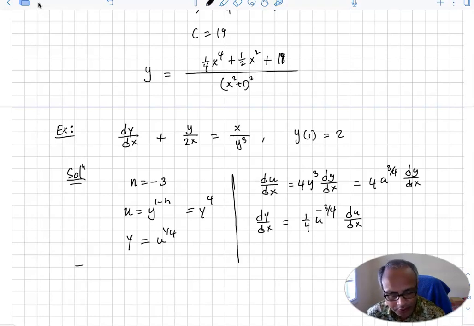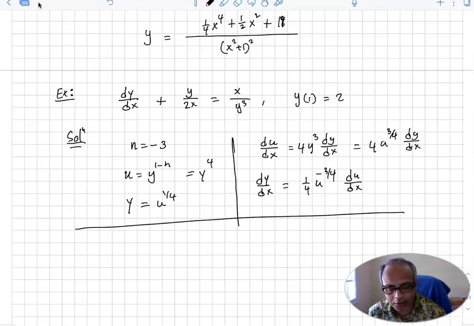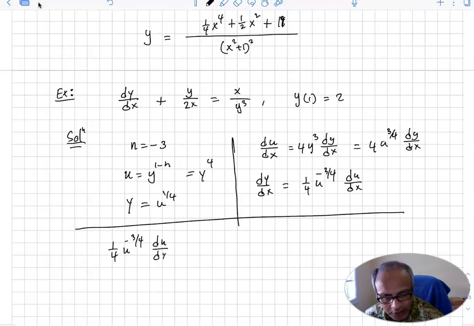So you get dy dx plus y by 2x equals x by y cubed. So all you have to do is substitute. So 1/4 u to the minus 3/4 du dx. So y is u to the power 1/4, and here divided by 2x.